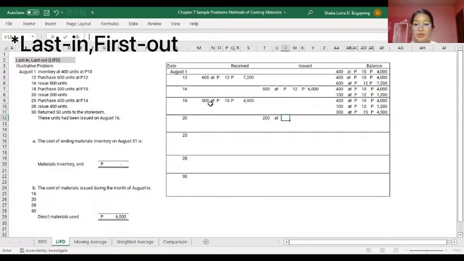So we are going to use the unit cost nga 15. That's 3,000. Okay, so ang nabili na lang is kani. And then, katong bag-o na to nga gi-purchase minus ang gi-issue nga 200. So 100 na lang bilin at 15. So that is 1,500.